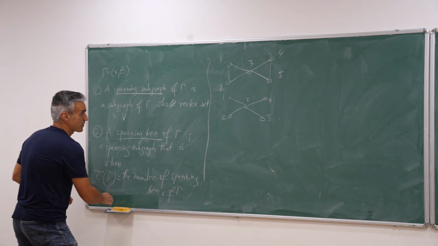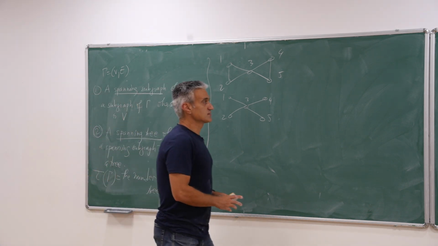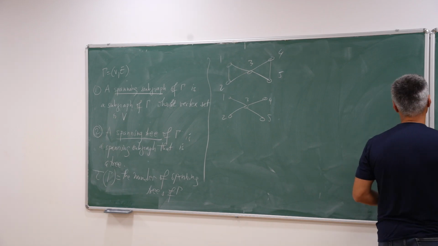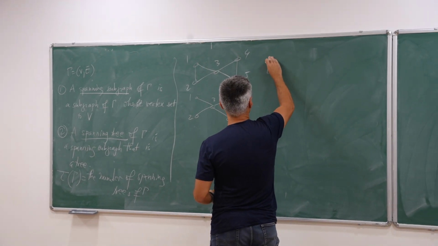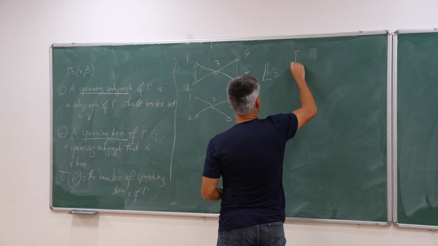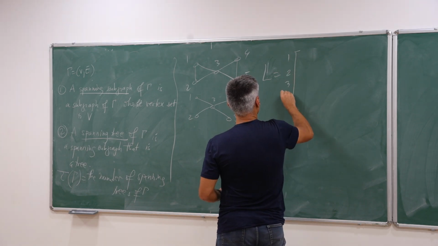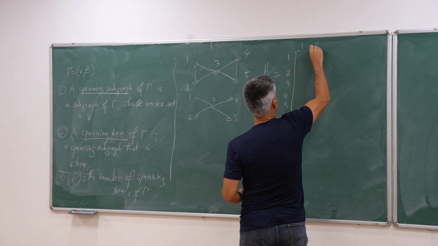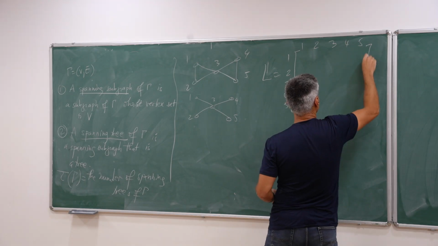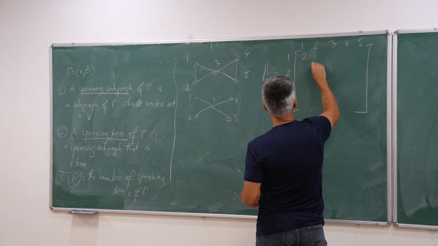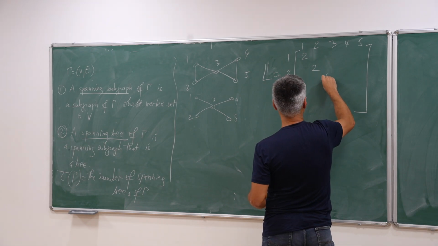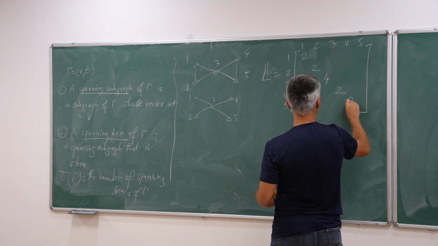So, okay, this is the theorem. Let me write down the Laplacian matrix here. We have 1, 2, 3, 4, 5 for rows and 1, 2, 3, 4, 5 for columns. 1 has degree 2, 2 has degree 2, 3 has degree 4, and then 2 and 2.